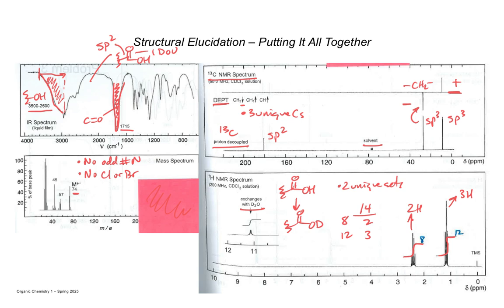Now we can go back up into the carbon NMR and say that that positively phased signal belongs to a CH3 group. And so we now have 3 fragments: carboxylic acid, a methylene group, and a methyl group.